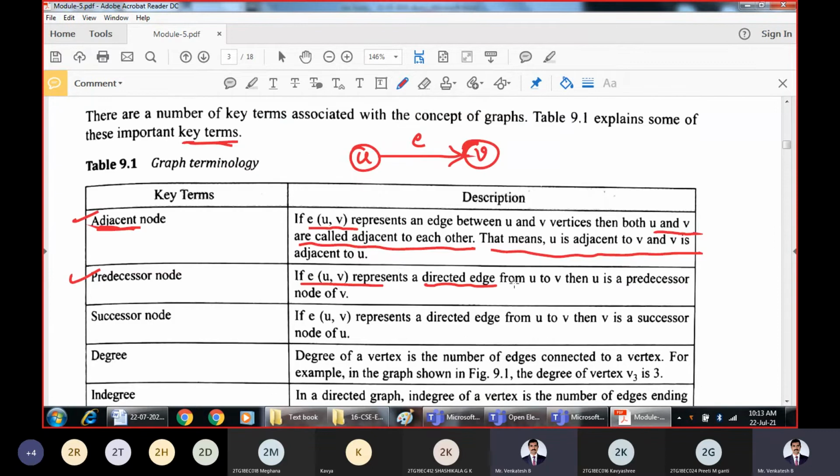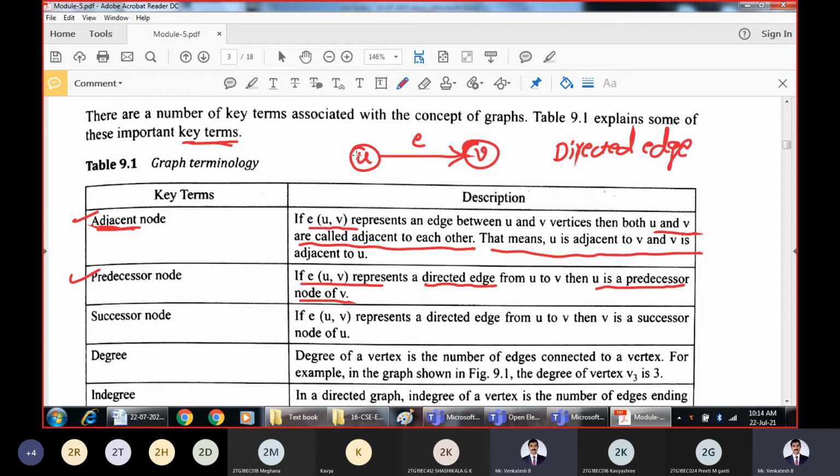In this case, U is the predecessor of V. That means U comes first, then V comes, because it is a directed edge.